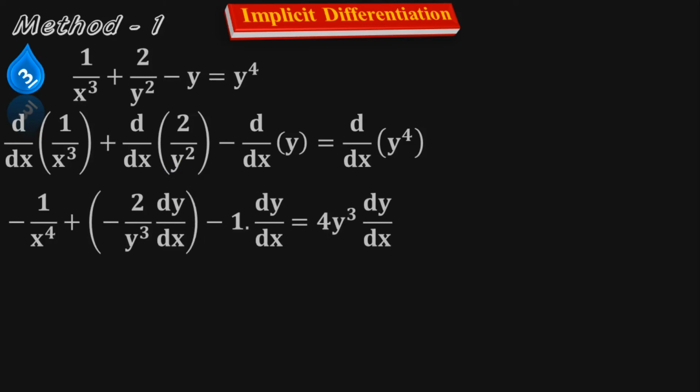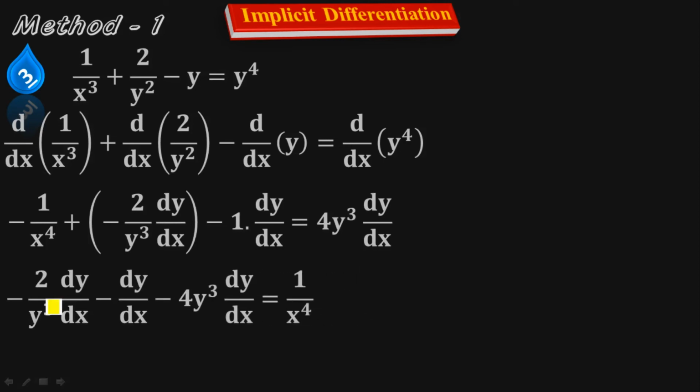Simplify it further, I will have negative 2 over y cubed times dy over dx minus dy over dx minus 4y cubed times dy over dx equals 1 over x to the 4. I just took negative 1 over x to the 4 and put it on the right side to become positive 1 over x to the 4.